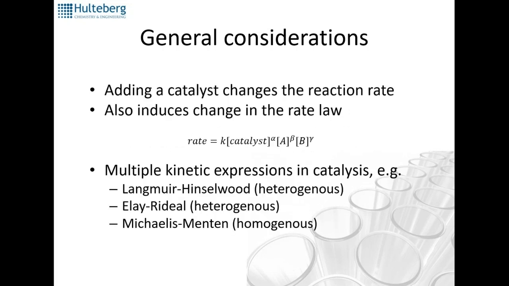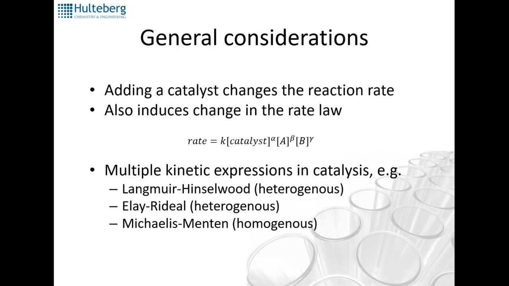But when we add catalyst, we do of course change the reaction rate. So we have to introduce some change to the rate law. So we add the concentration of the catalyst, we add an exponential factor, and then we can express the kinetics of the catalytic reaction in different ways.